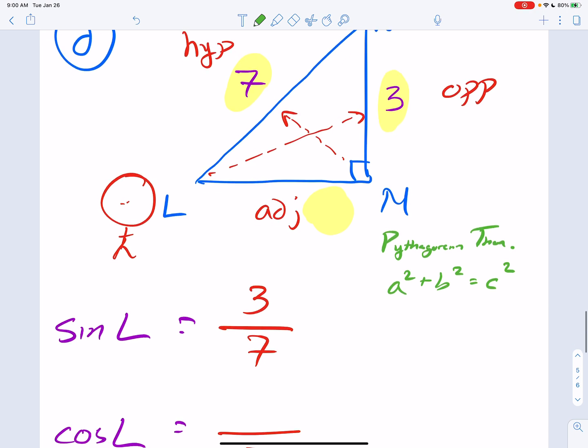So here we go. We know that the hypotenuse is 7 squared. We know one of the legs is 3 squared. So let's find out what the other leg is. Now 3 could have been for a as well, remember that. So a squared plus 9 equals 49.